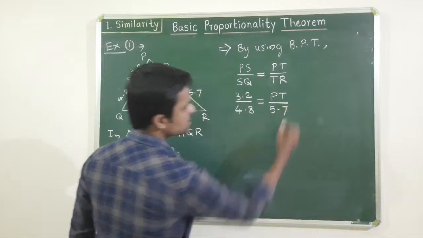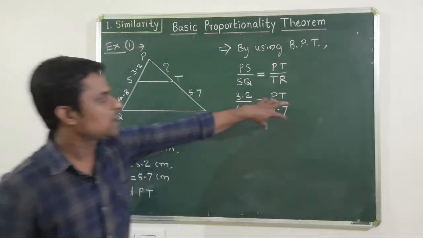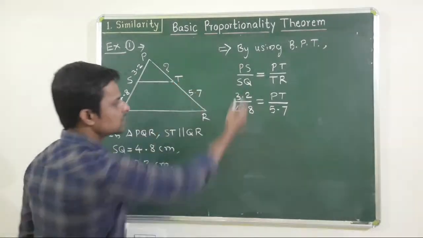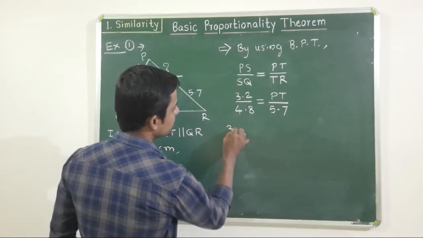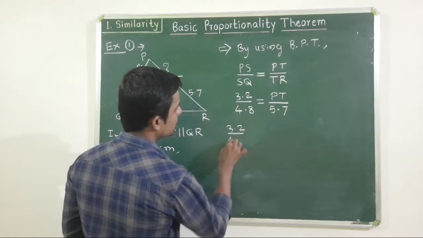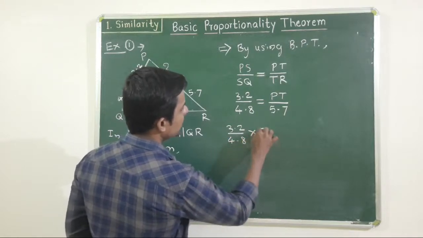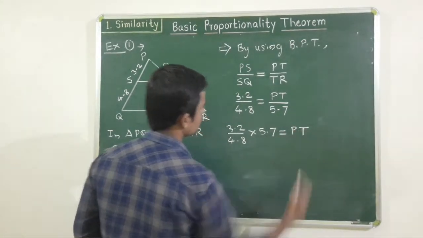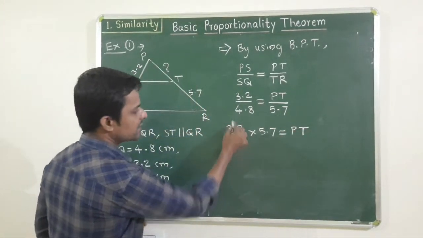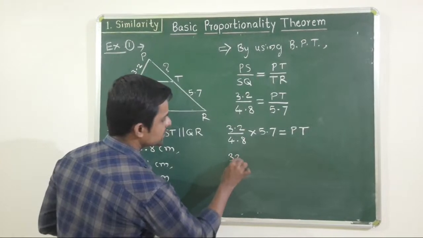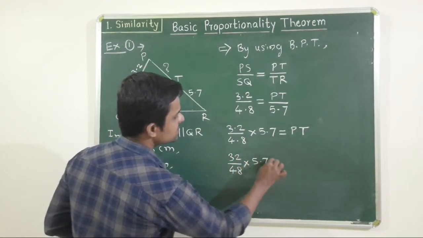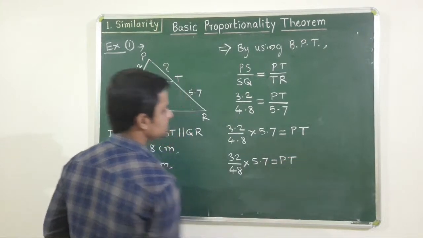Simple calculation: 5.7, which is divided, will become multiplied. Therefore, we can write 3.2 upon 4.8 into 5.7 is equal to PT. We can write 3.2 and 4.8 as 32 by 48 into 5.7 is equal to PT.